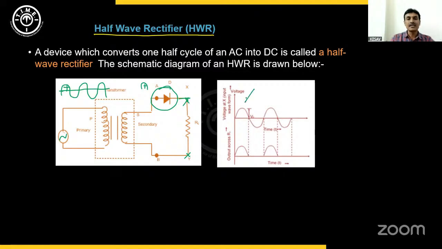That's why this positive half cycle of the input is carried forward. For the negative half cycle, negative signal is given to the diode positive. That means it is in reverse bias mode. In reverse bias, we know diode does not conduct. So this negative half of the cycle is not passed through this diode.